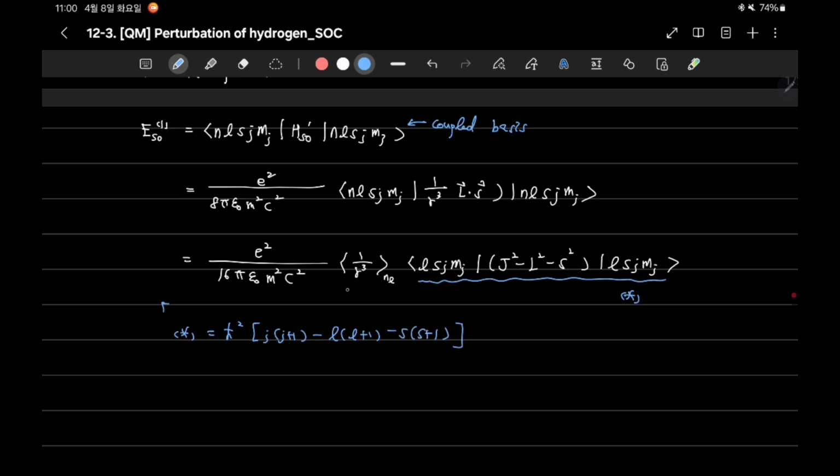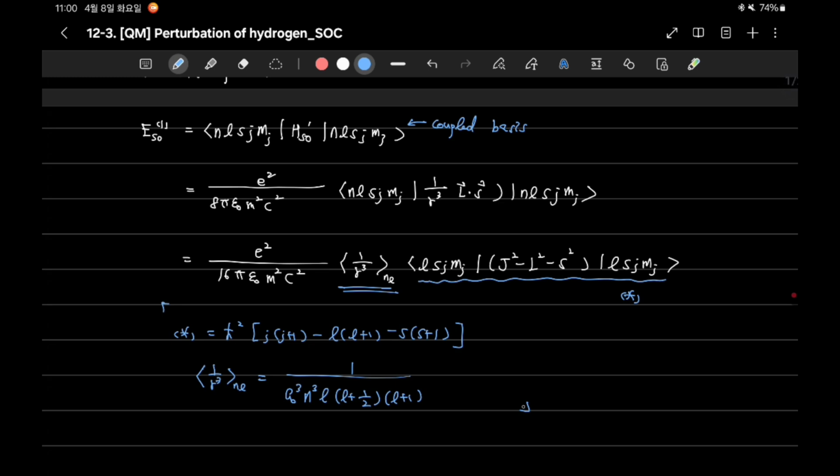And also this one, 1/r cubed, is known as 1 over a_0 cubed times n cubed l(l+1/2)(l+1).